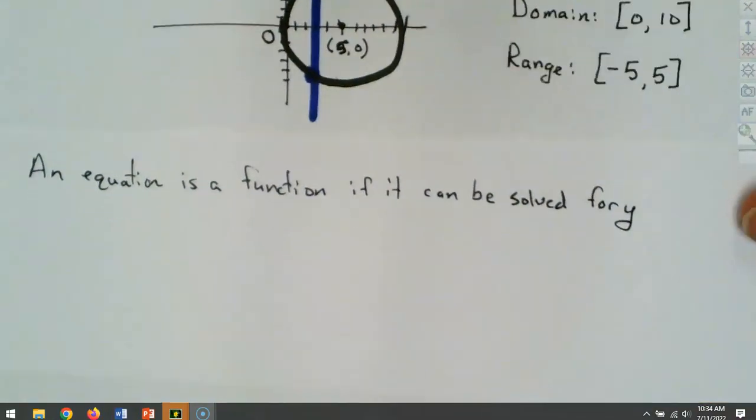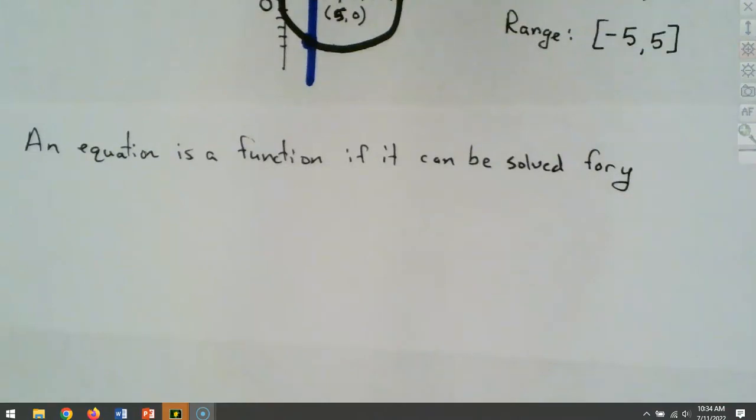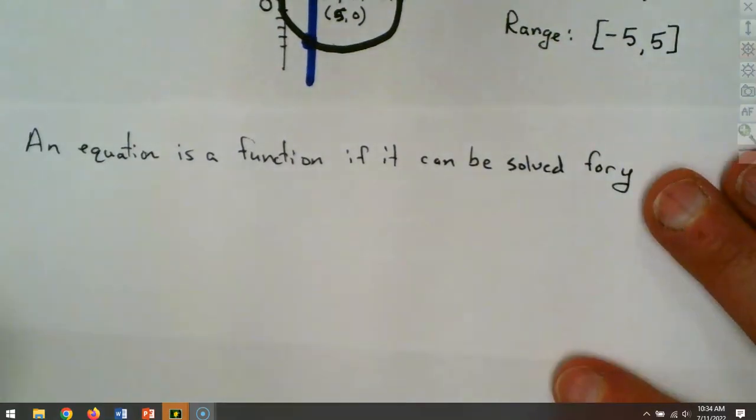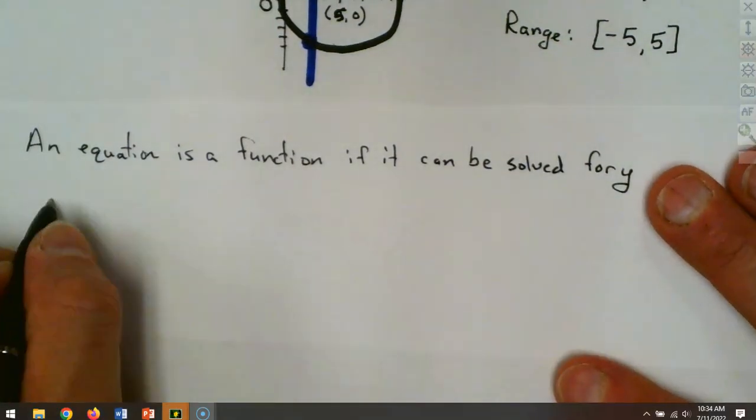So an equation is a function if we can just simply solve it for y. So I'm going to give you 4 of these, and you're going to tell me if this is a function or not a function.